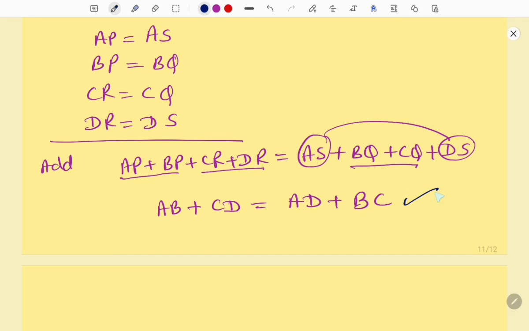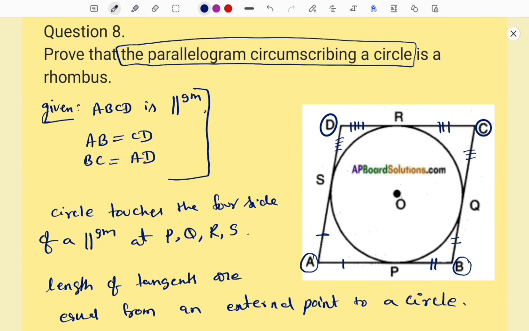This is what we get from the previous question, but here in this question it is given that ABCD is a parallelogram, AB is nothing but CD, BC is nothing but AD. Now you can substitute these two values there.